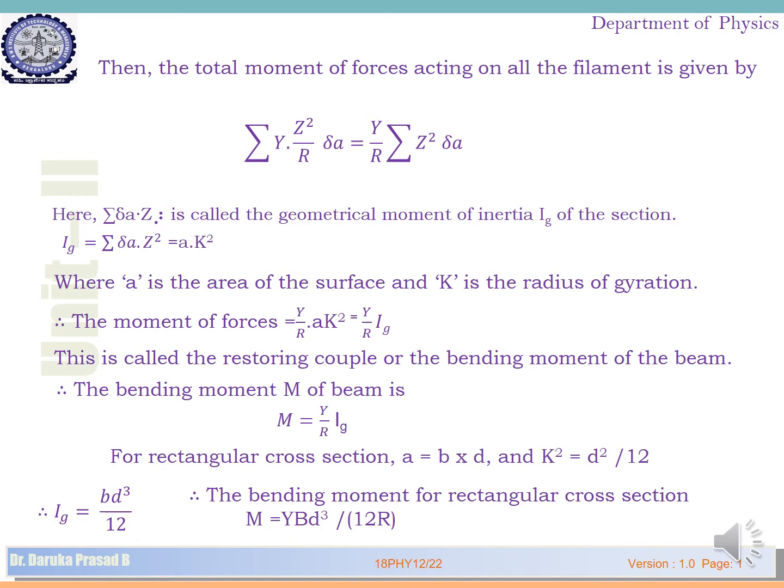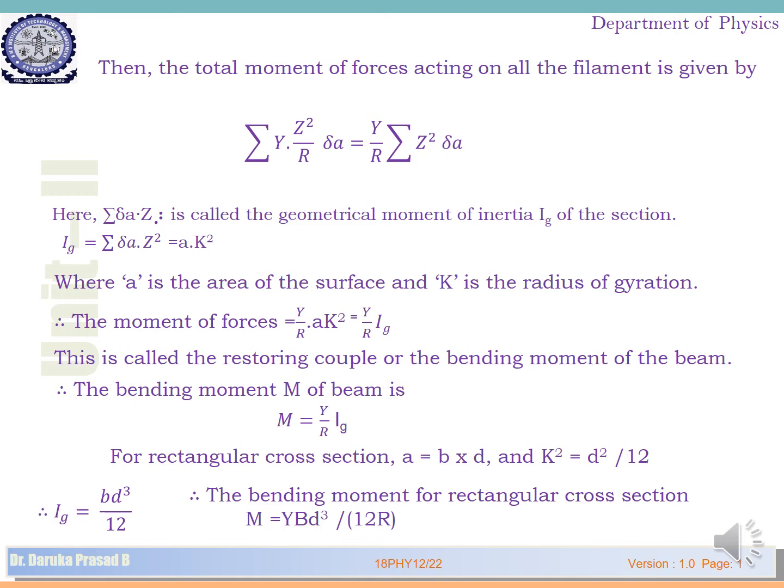That leads to the summation of Z square into delta A, taking Y by R as constant. Here, the summation of delta A into Z square is analogous to the moment of inertia.